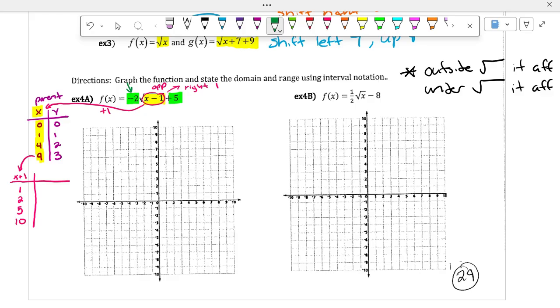What's this number doing to this radical? It's multiplying. So we're doing multiplication and then addition. So, in other words, we're going to multiply the y value times -2 and then add 5 to it.